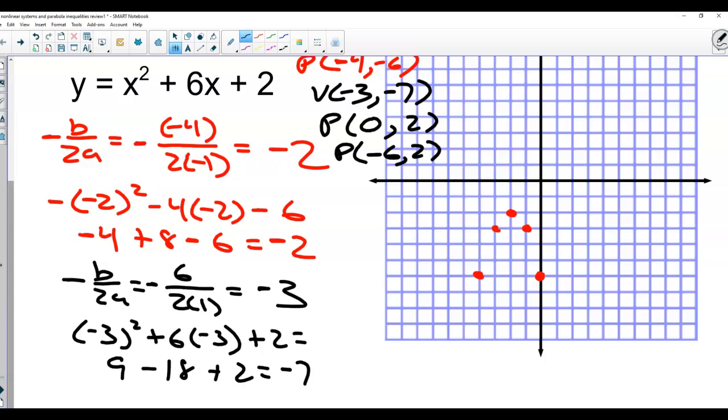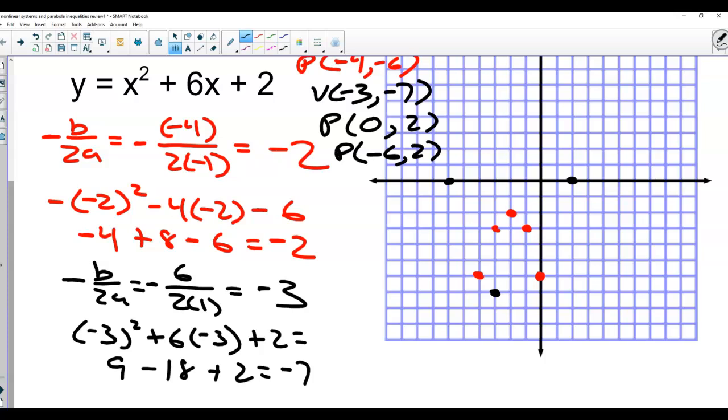So negative 3, negative 7, 1, 2, 3, 4, 5, 6. Here we go. We do have a point at 0, 2, and I have a point at 1, 2, 3, 4, 5, negative 6, 2. I'm going to look for where there might be some obvious points of intersection. Okay?